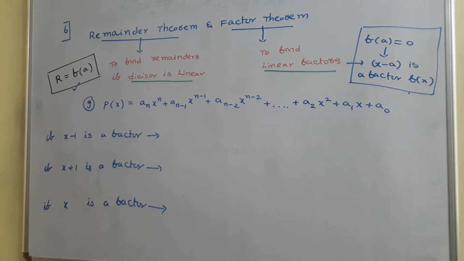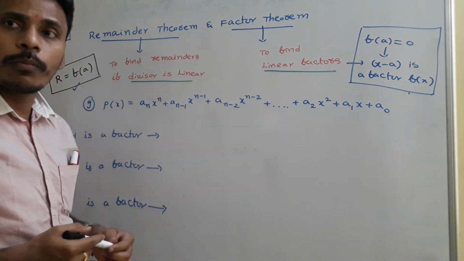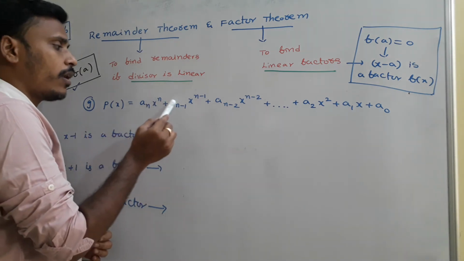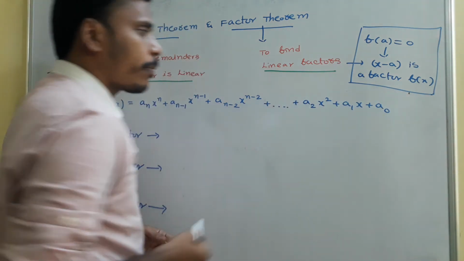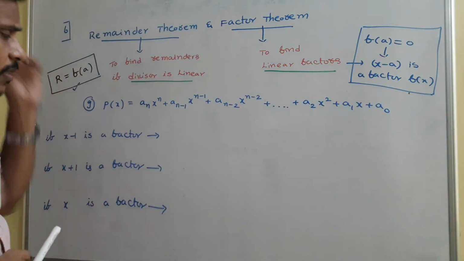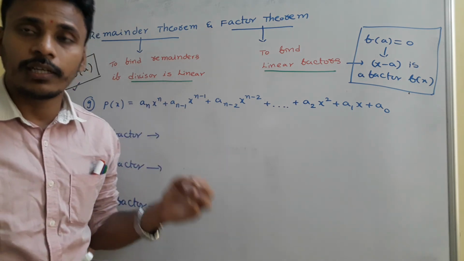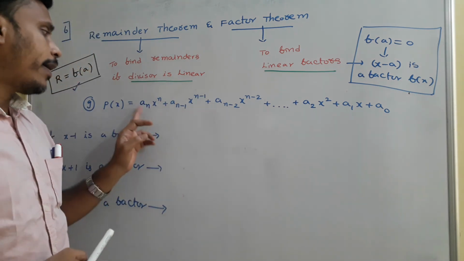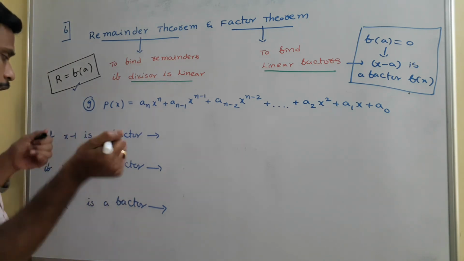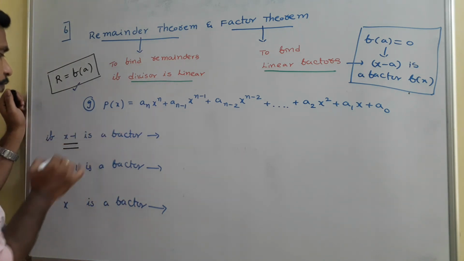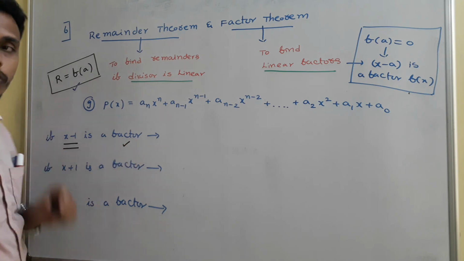Suppose we have a general nth degree polynomial in one variable, a_n x to the power n, a_(n-1) x to the power n minus 1 and so on, a2 x square plus a1 x plus a0. This is a polynomial of nth degree in one variable x and all these are the coefficients. Now for this polynomial, if x minus 1 is a factor, what do we need to say?